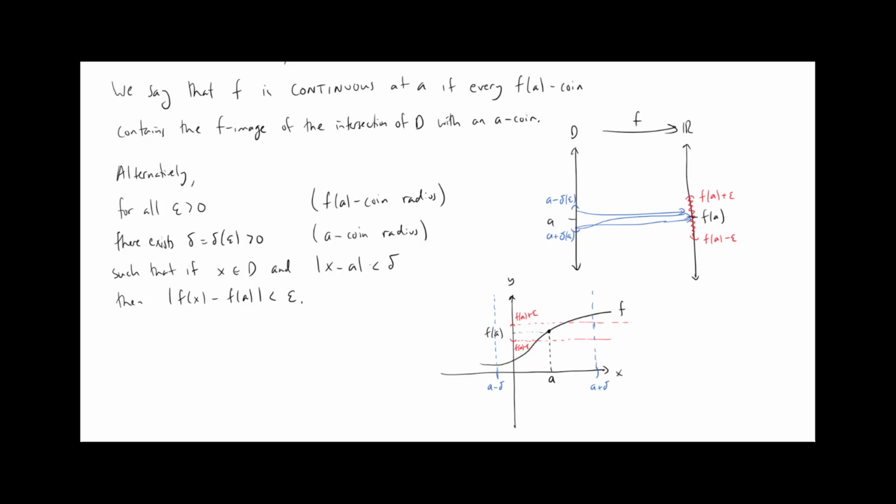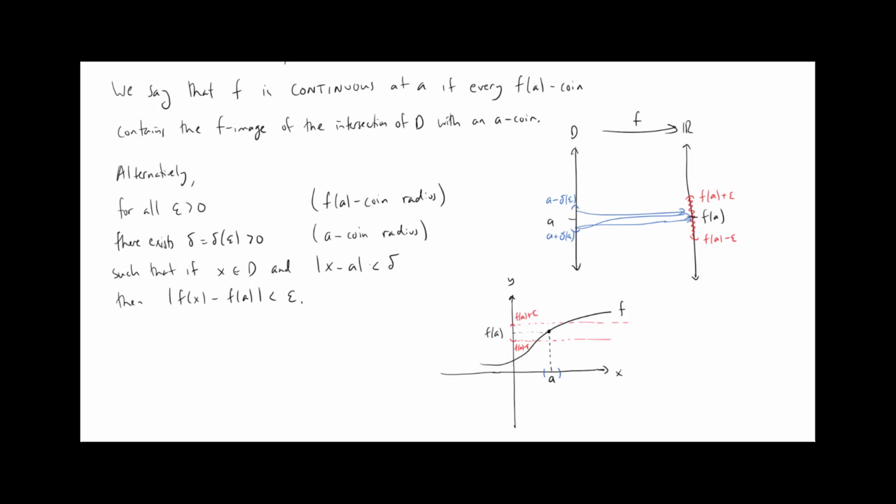So what if I chose a better delta? Okay, so let's run these choices back. It won't let me run any further back, so we'll erase manually. So I run the choices back, and I say, well, what if I chose my coin to be a lot smaller? So I'll just do this blue bit.